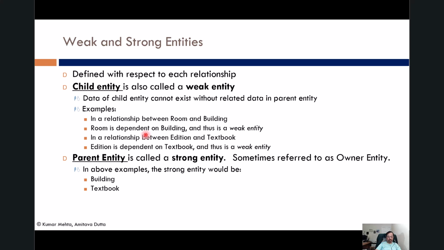For the airline example you had seen, you had flight and seat. So if I have flight and I have seat, one flight has at least one and at most many seats.